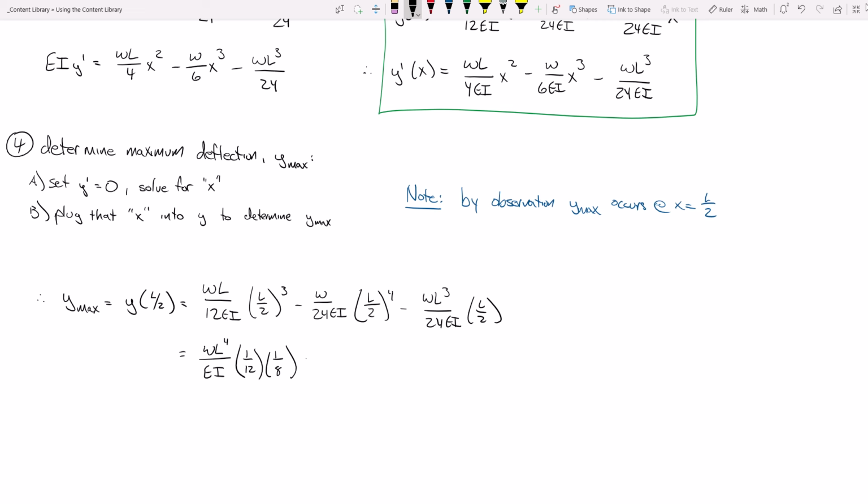So minus WL to the 4th over EI. What am I going to have here? 1 over 24 times 1 over 16. Y'all see that? Because this is the 24, and then L over 2 to the 4th, 2 to the 4th is 16. With me so far?